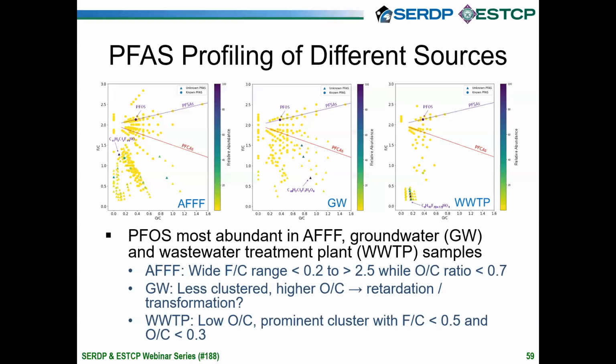In groundwater, our PFAS have a higher oxygen to carbon ratio, maybe because the ones with lower oxygen content stick to soil more or were transformed. And in wastewater, we also have a low oxygen to carbon ratio, and then a very prominent cluster here too that may be diagnostic in the bottom left of the diagram.